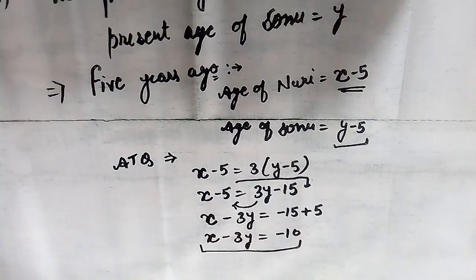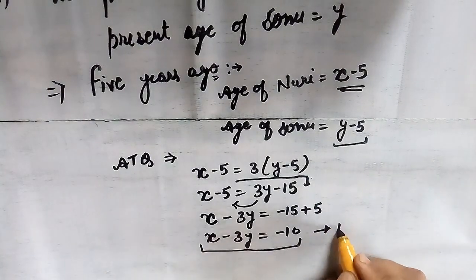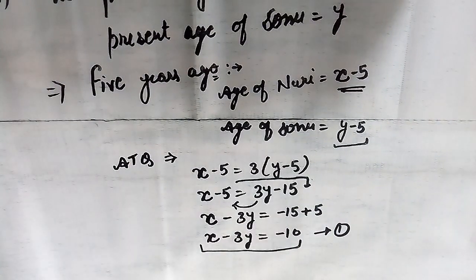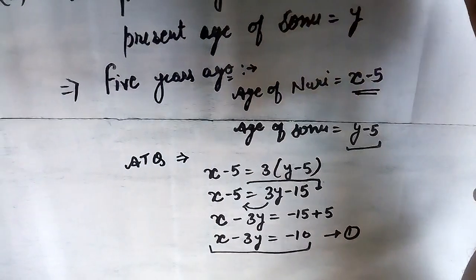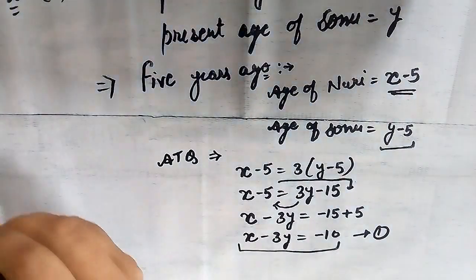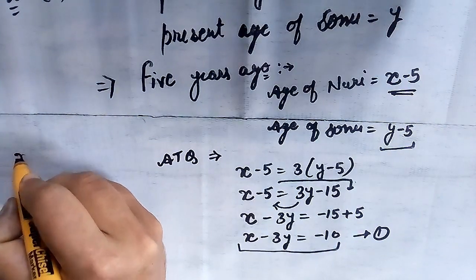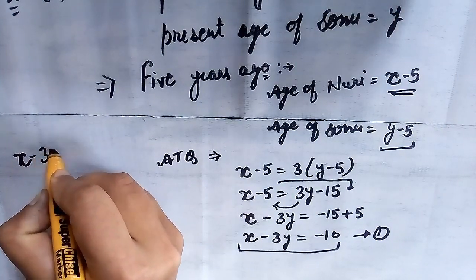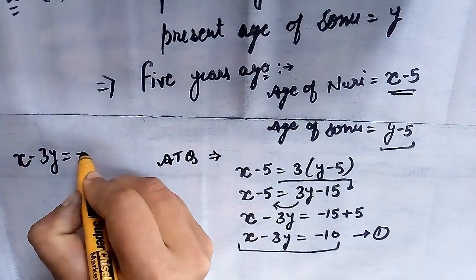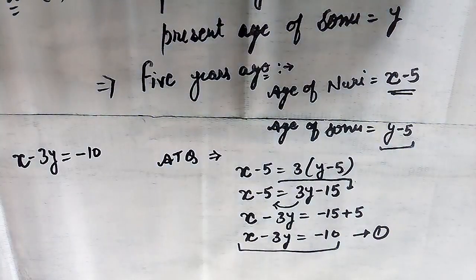So this is your first equation. I'm writing it here: x minus 3y equals minus 10.